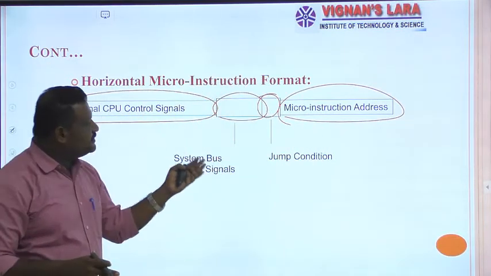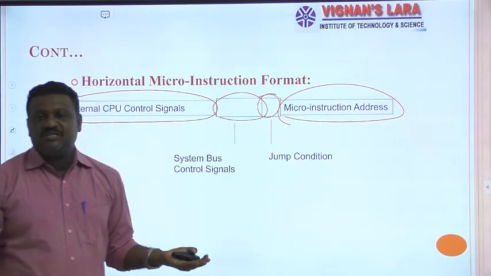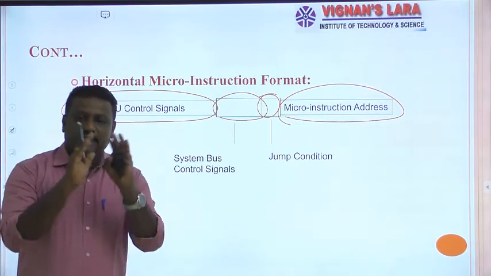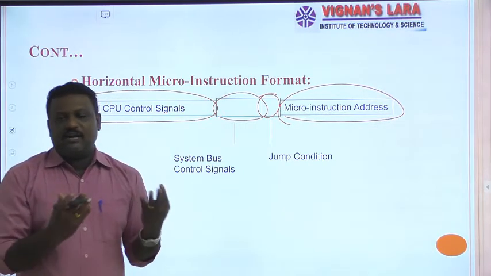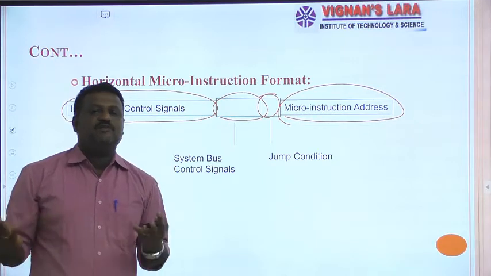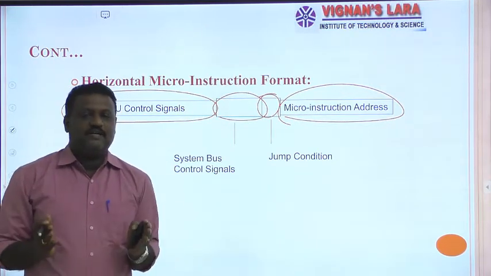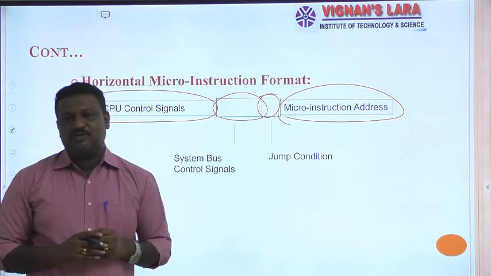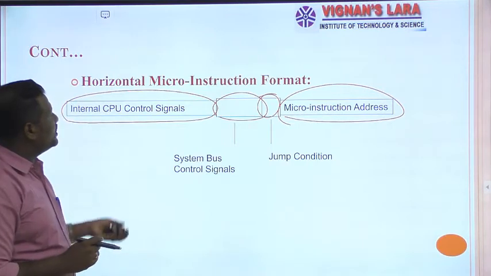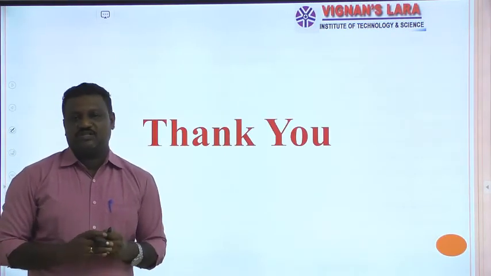So with the help of these bits, I generate control signals for the internal part of the CPU or external to the CPU. I don't need much encoding or decoding here, but in the case of vertical micro instructions, I must definitely use the encoding and decoding process.